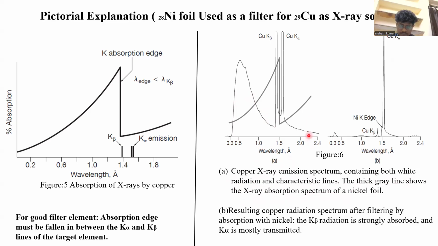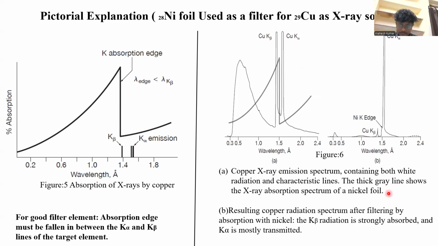The absorption edge of nickel falls exactly between the K alpha and K beta lines of the copper source. As a result, nickel foil absorbs the K beta lines because the energy of the K beta line of the copper source is exactly equal to the absorption energy of nickel.